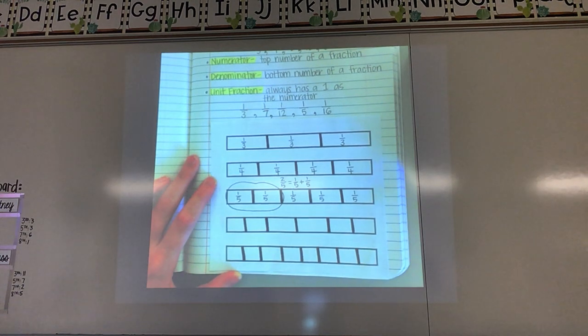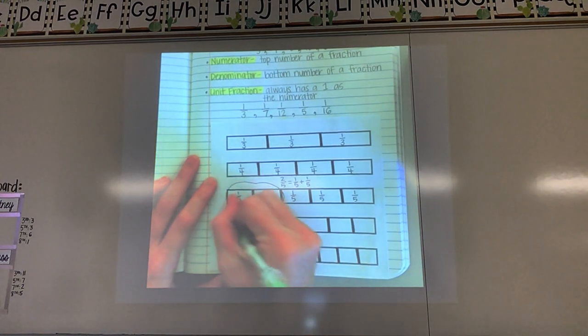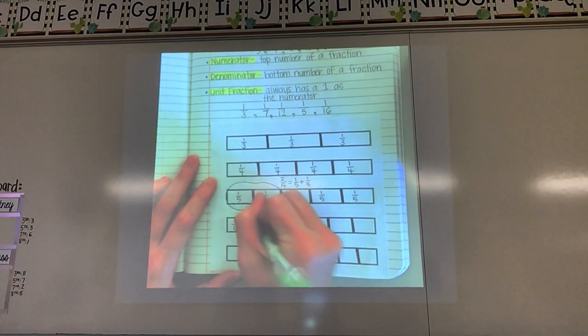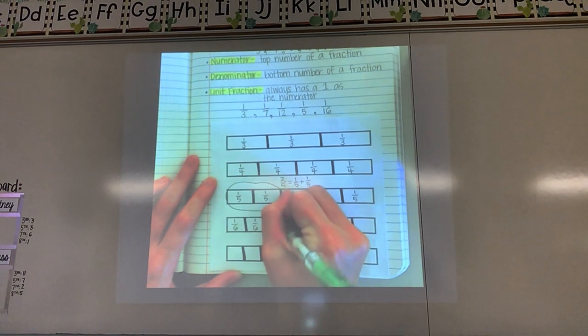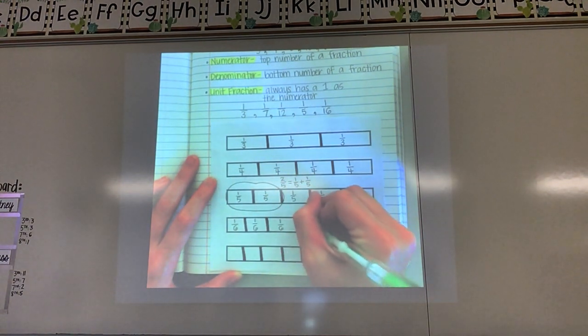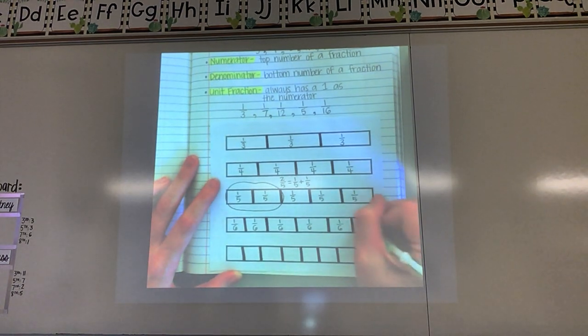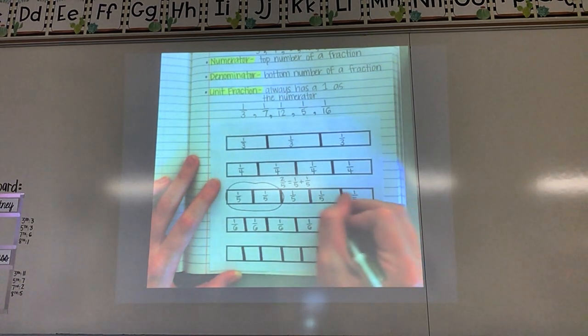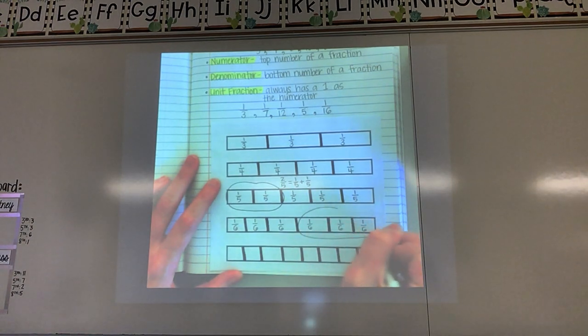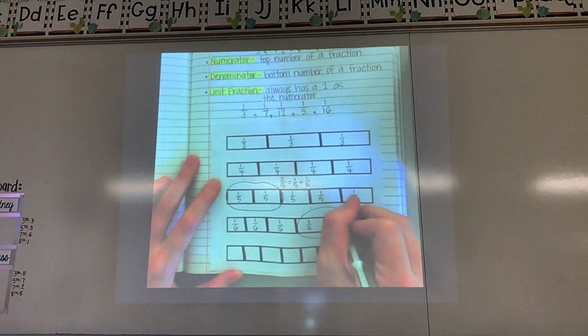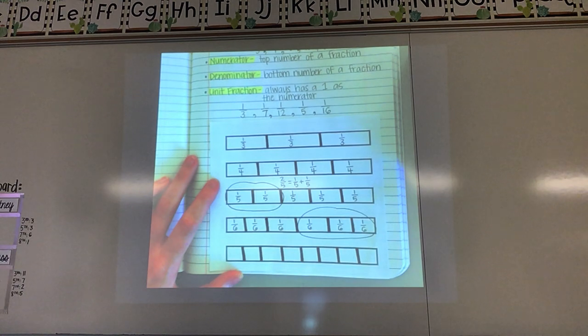Let's try another one kind of like that, going down here. I'm gonna label each box. Hopefully you are thinking that we should be putting 1/6 here. There are 6 pieces, so I have to label each one 1/6. I'm going to circle a couple of those again. Circle on this side this time. I want to know what fraction is in my circle.